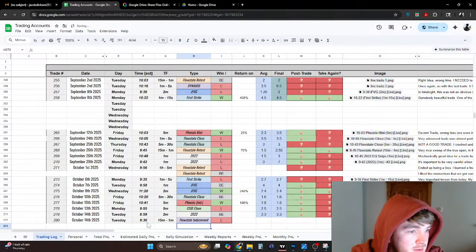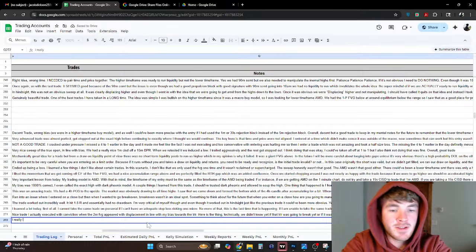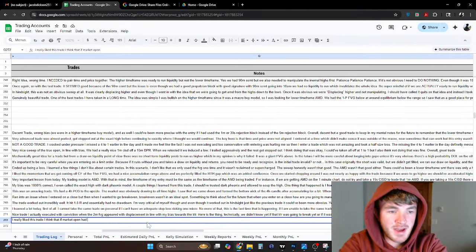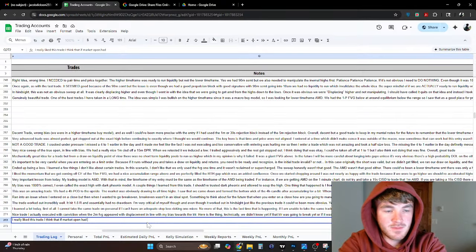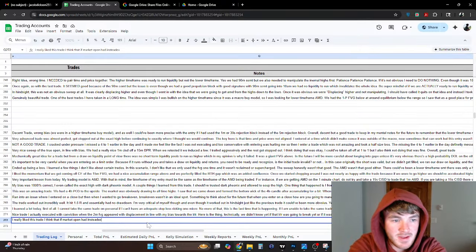So yeah, in general, I really liked this trade. I think that if market open had instead expanded to go run the LRLR, this trade would have worked out beautifully.